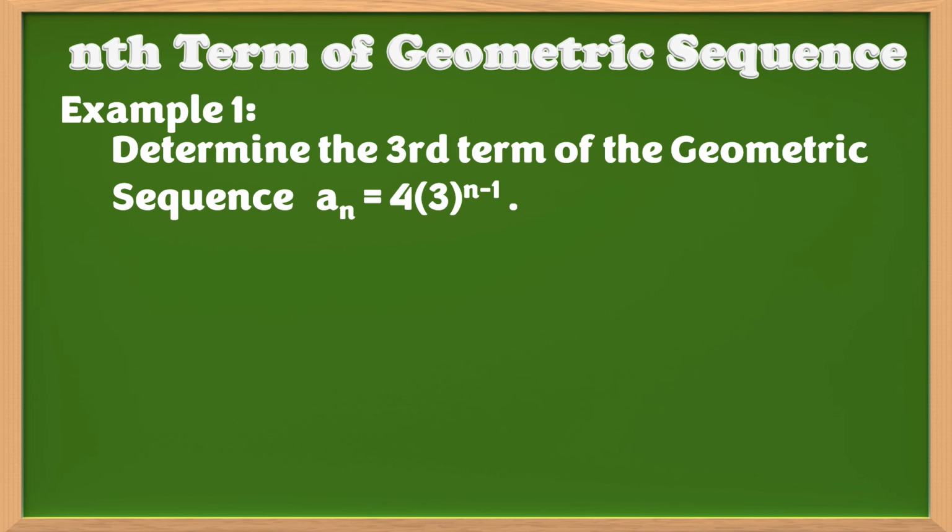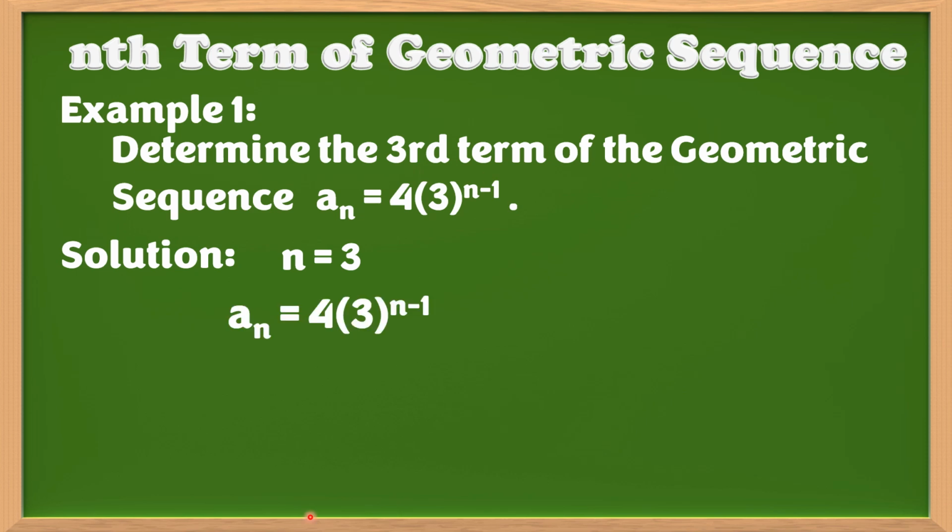Determine the third term of the geometric sequence a sub n is equal to 4 times 3 raised to n minus 1. First, we're going to determine the value of n. The value of n is 3, since we were asked to determine the third term of the geometric sequence.